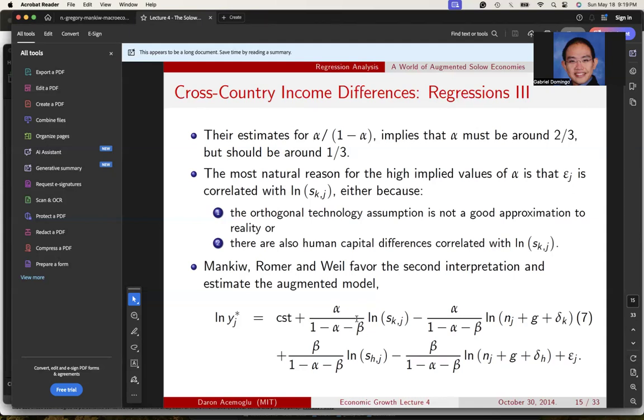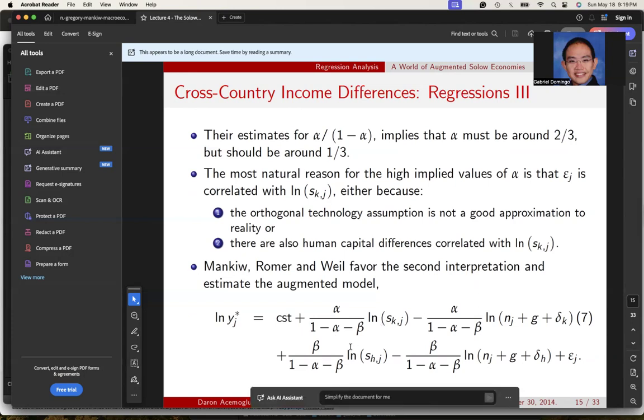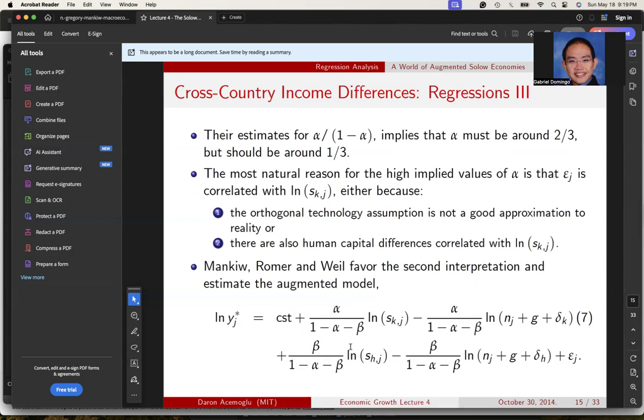So when those variables are added, these coefficients will start to agree with the empirical or measured shares of physical capital and human capital in GDP.